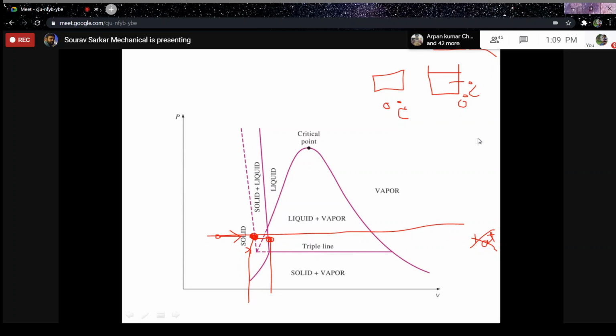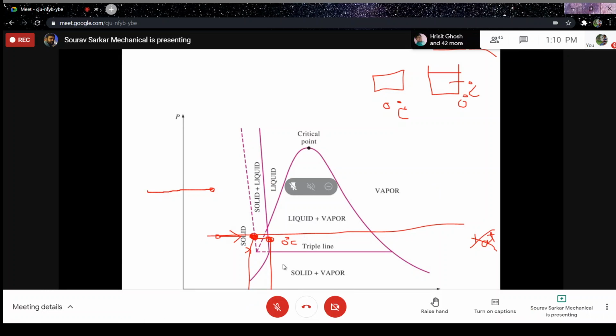Now after reaching 0 degrees Celsius, this is liquid. Now if we further heat it to reach its boiling point, suppose this is the point, this is 0 degrees Celsius. If you start to heat it, we know that up to 4 degrees Celsius, the volume will decrease.